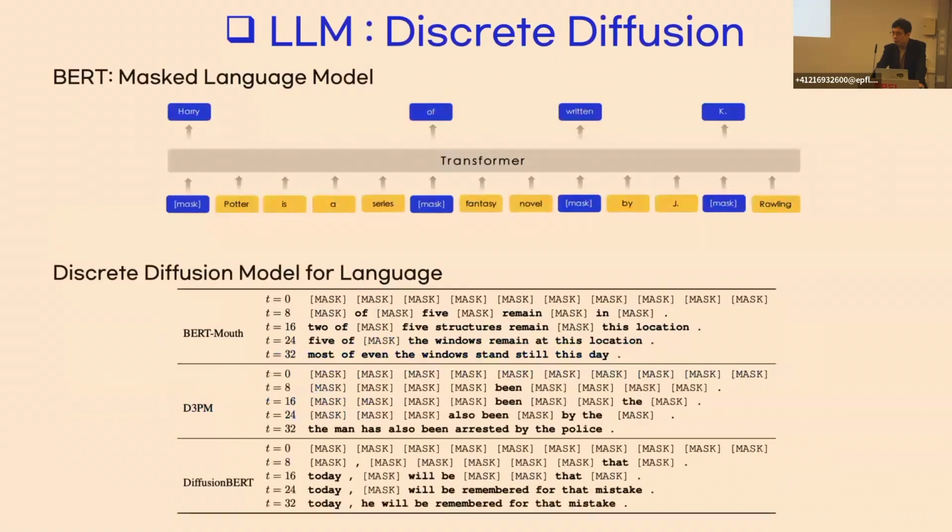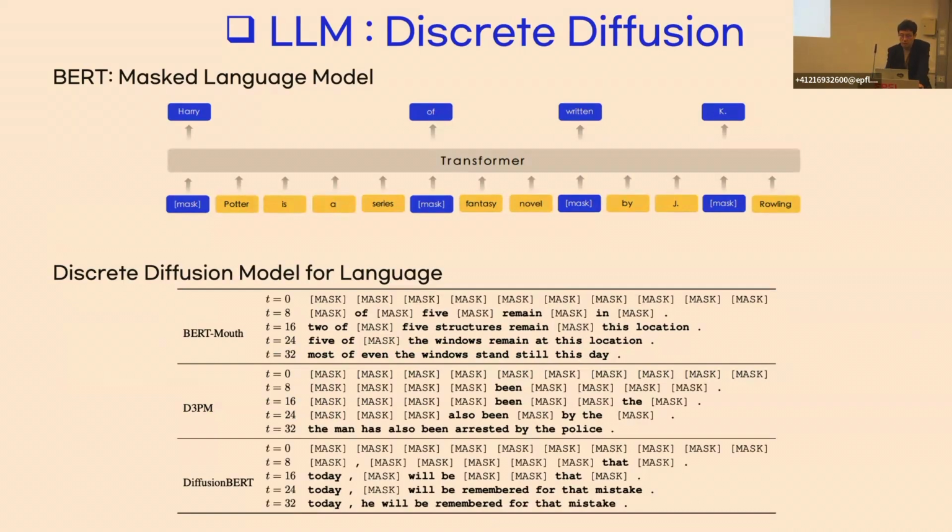In fact, this is not only for the image case. If you are familiar with large language models nowadays, even in the last few days DeepSeek is in the news everywhere, you may think this is a totally different kind of animal. However, in fact, this language model is a kind of diffusion model. It is a discrete diffusion model.